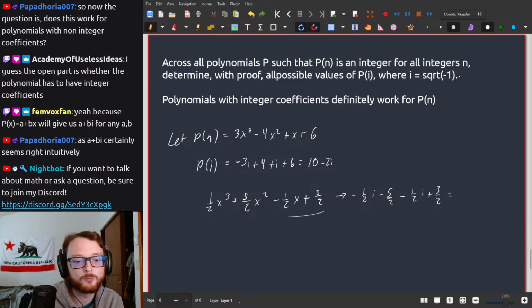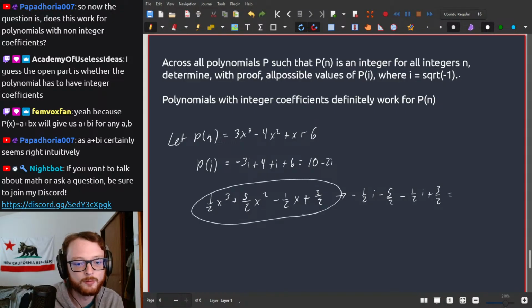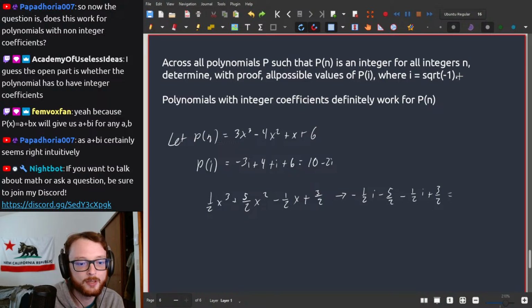Oh wait, no. This cannot be p of n because as soon as you plug in an odd number, you do not get an integer. Like if you plug 3 into that thing, you don't get an integer. So that one can't work.